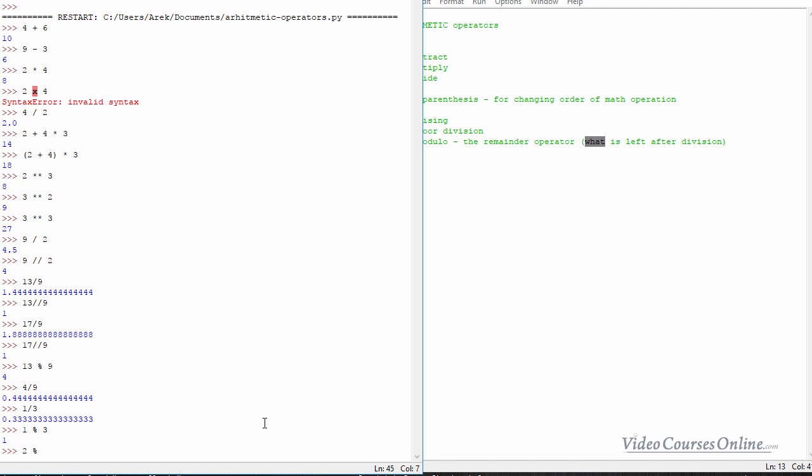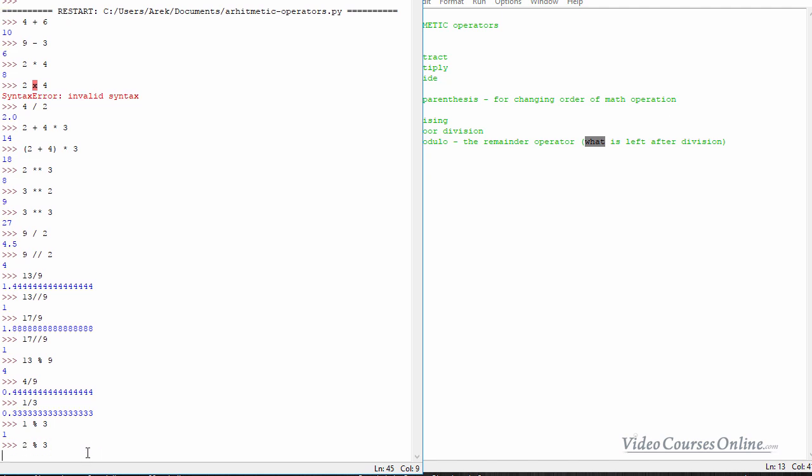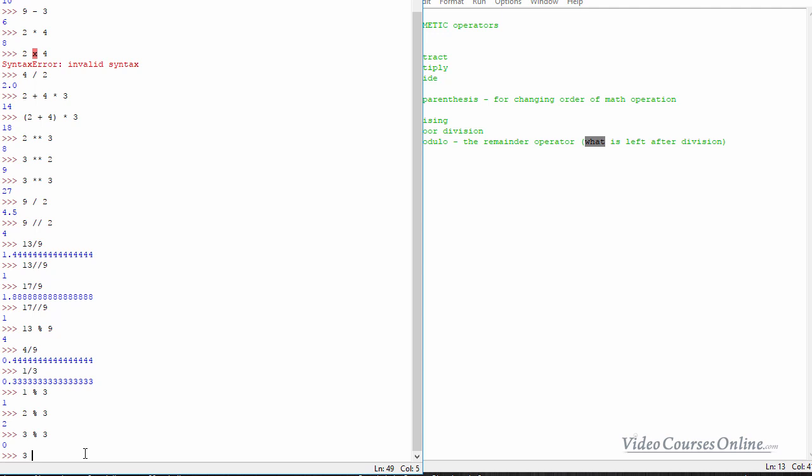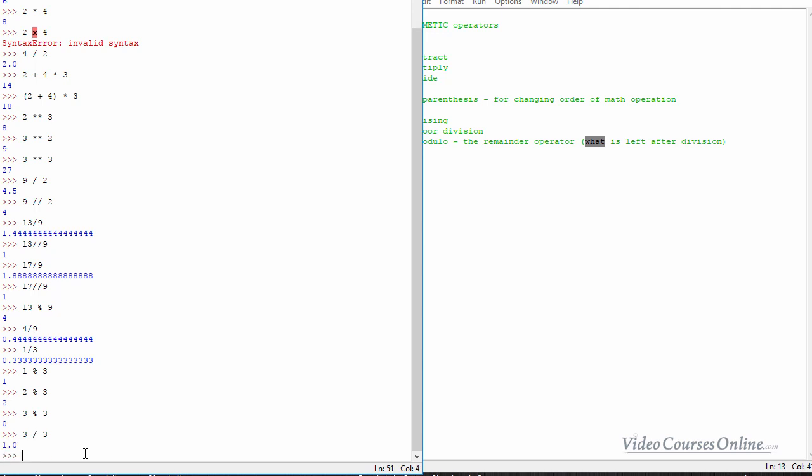When I do 2 modulo 3, I will get as a result 2, right? 3 modulo 3, what will be the result of this? It will be 0, because 3 divided by 3 is 1.0, right? It means that there is no remainder. There is nothing left after division.